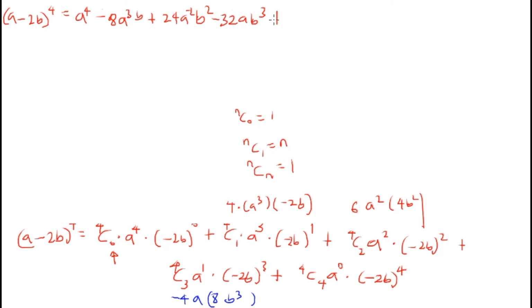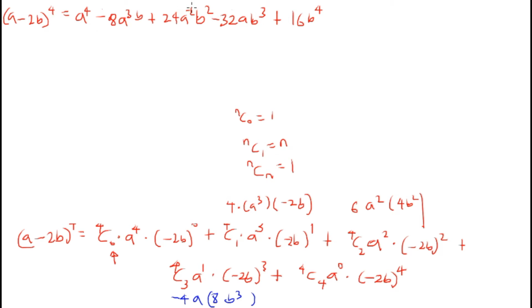Then the other one will be positive: 4 combination 4 is 1, a raised to power 0 is 1, minus 2b raised to power 4 is positive, and 2 raised to power 4 is 16. That means I'll have 16b raised to power 4. So this is the expansion of this binomial.